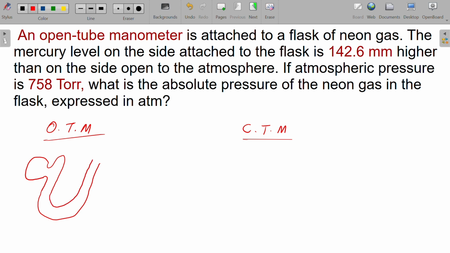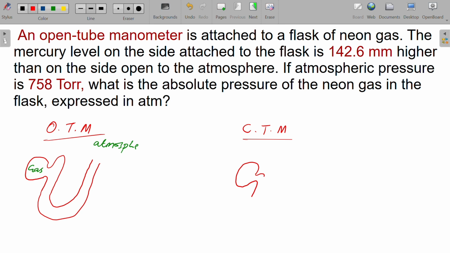All right, so we have a side that is containing the gas. Let's say this is the side of the gas, and then this is the side of the atmosphere. Then we have another one on the other side where we have our manometer like this.